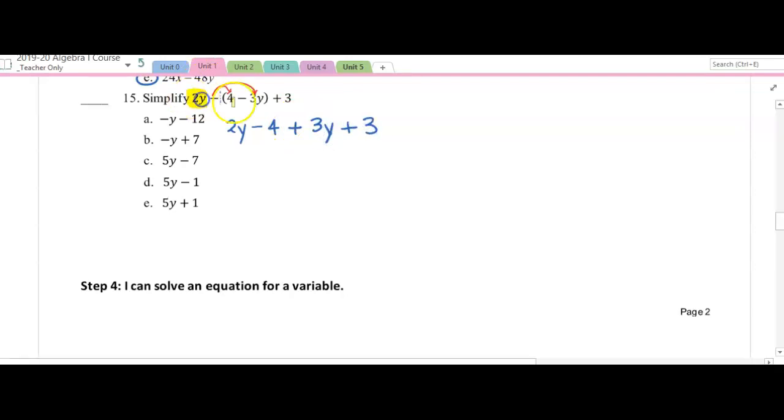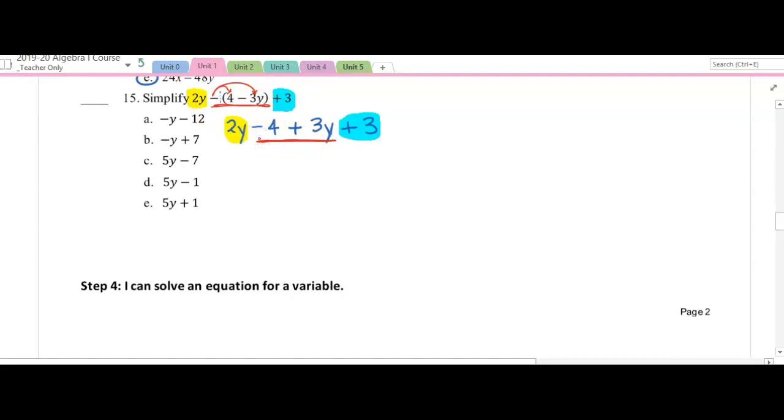Notice this 2y just dropped down. This plus 3 at the end also just dropped down. And then everything that had been inside the parentheses is now simplified.